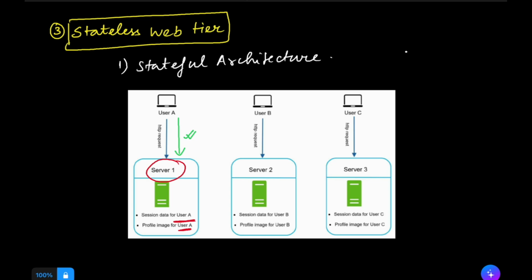If the request goes to, let's say, server 2 or server 3, then they do not have information about user A, right? So he or she can't be authenticated by the web server, and thereby there would be a denial of the request to access that web server or the service. So this one is accessible, whereas these two are not accessible.